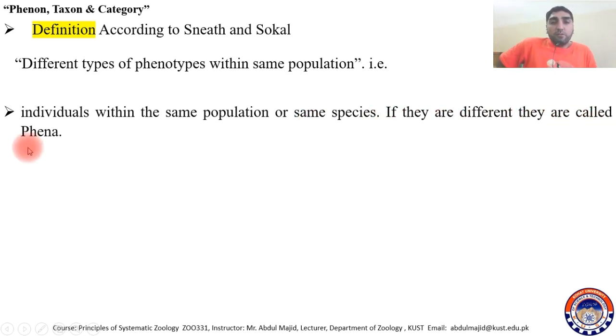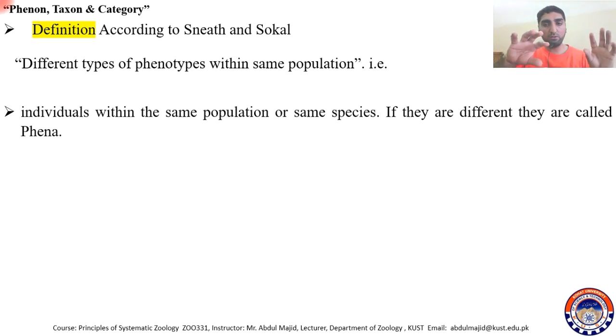Let me explain it a little bit, because both of the definitions are similar. The first definition we discussed is that if there are similar individuals within a population or a species, they are a phenon. For example, boys and girls. The physical appearance of boys is different from the girls.